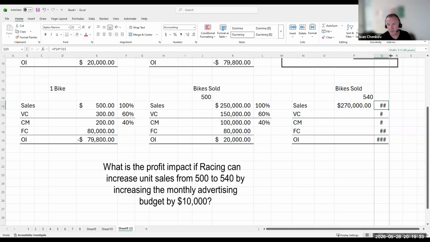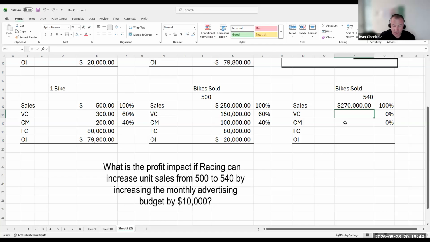My sales as a percentage obviously is going to be 100%. Let's copy this one and flip it right here. What's going to happen with the variable cost? Variable cost is going to be 300 times 540. And my contribution margin is going to be this one minus that one.